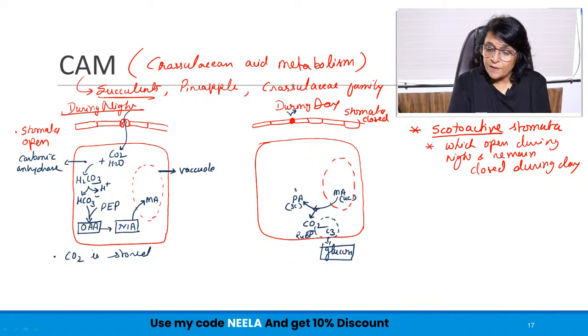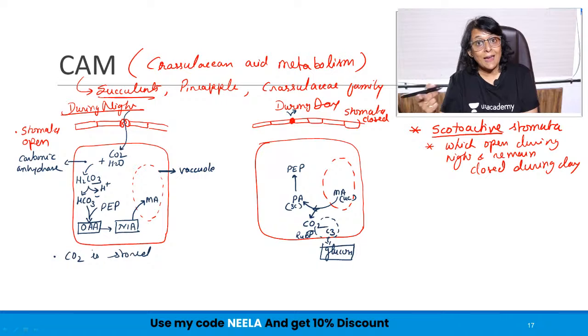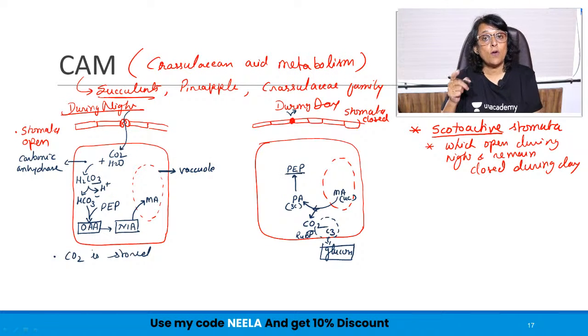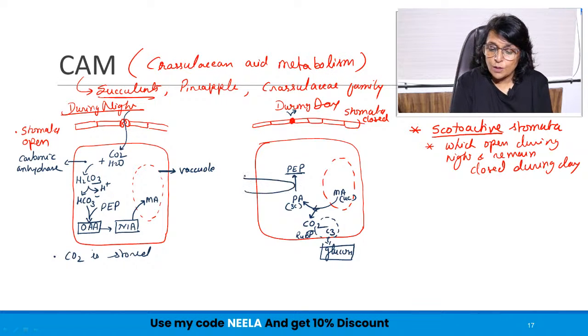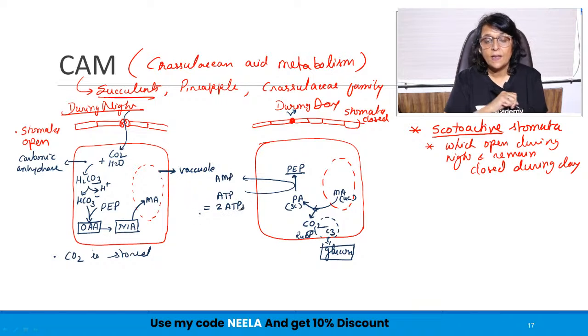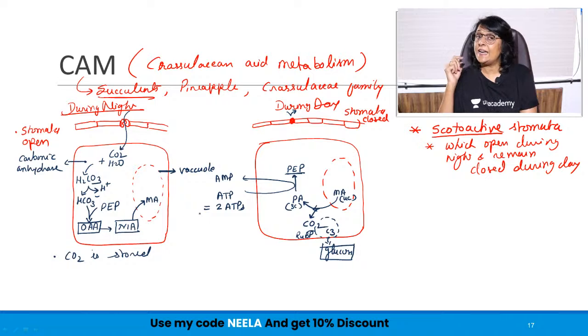Now this pyruvic acid has to be converted into phosphoenol pyruvate, because during night again this phosphoenol pyruvate should be available to accept more and more carbon dioxide, and we know for this conversion we would need 1 ATP which will break down into 1 AMP, and this is the same thing as 2 ATPs. So how many ATPs and NADPH2s will be required for this?